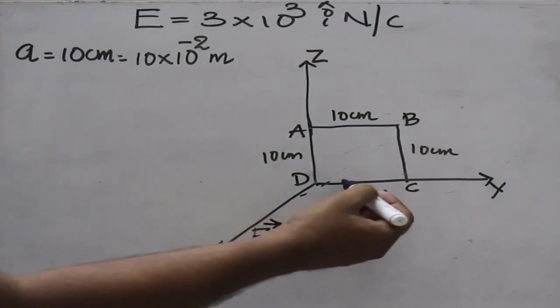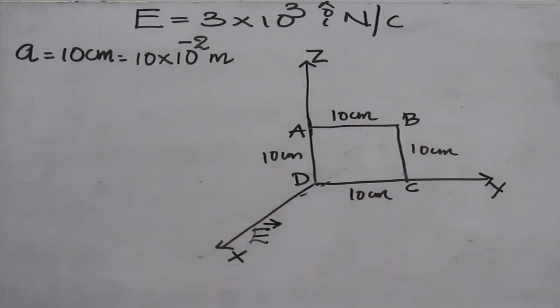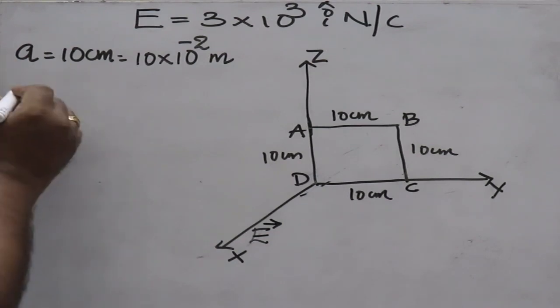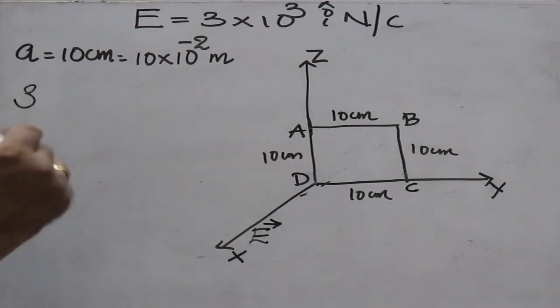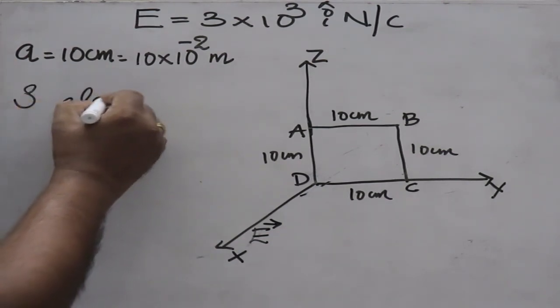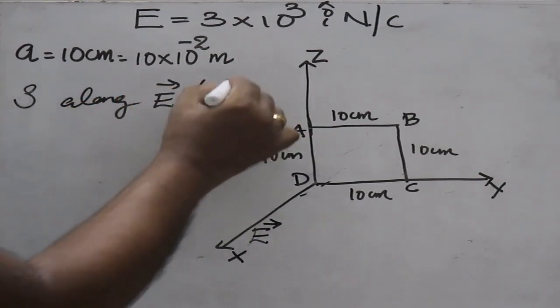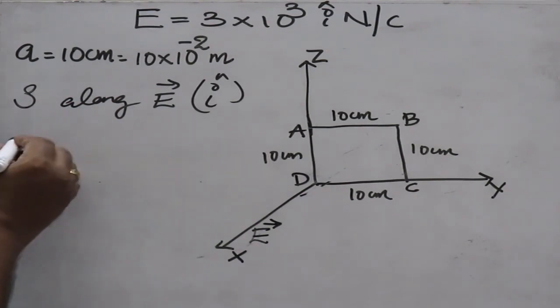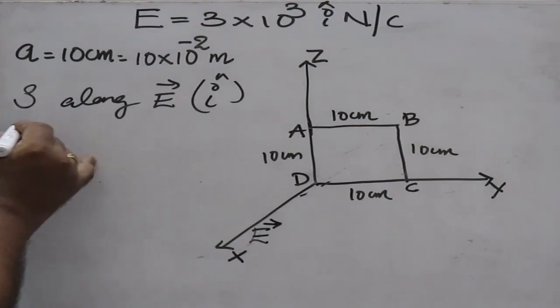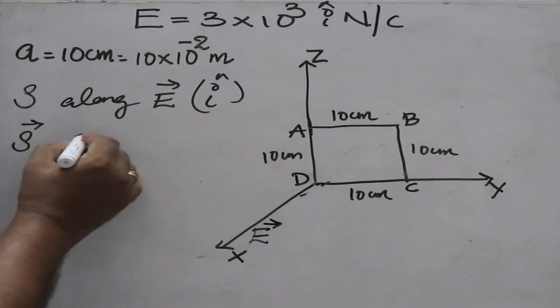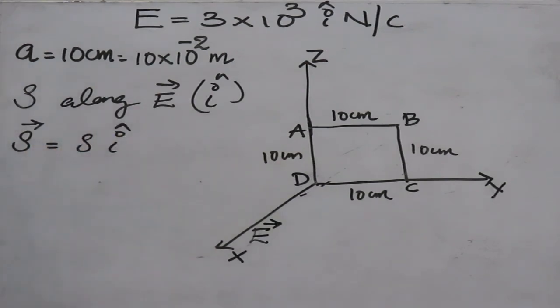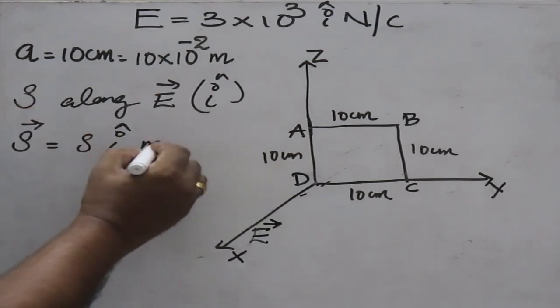Here perpendicular means it is along the x-axis, the same direction as the electric field. So we can write the area vector as along the x-axis, in i cap, with the area in meter square.